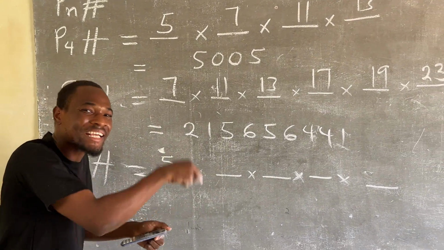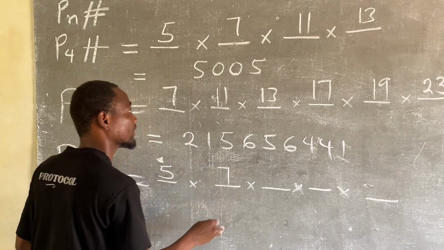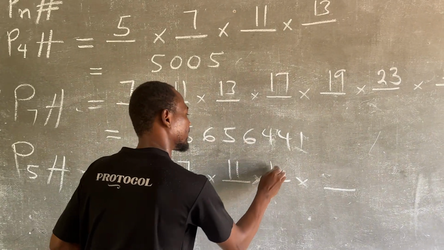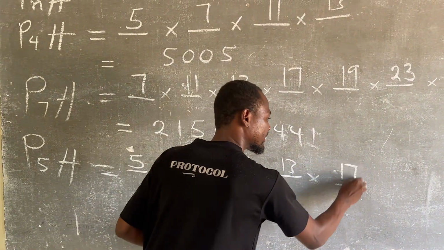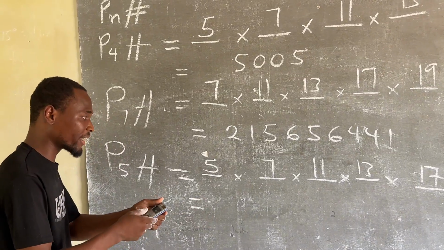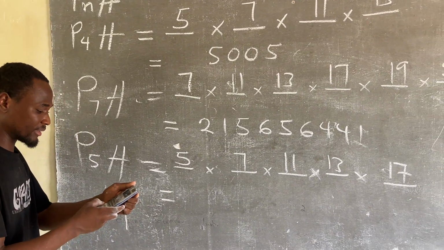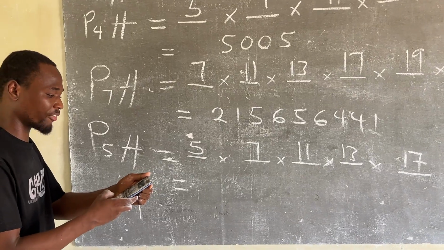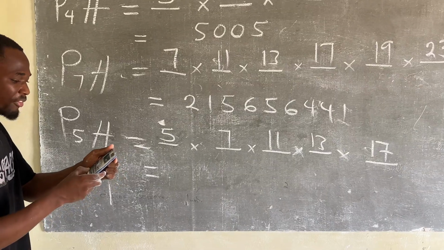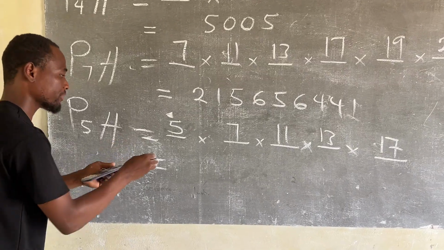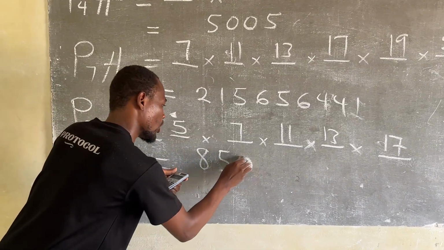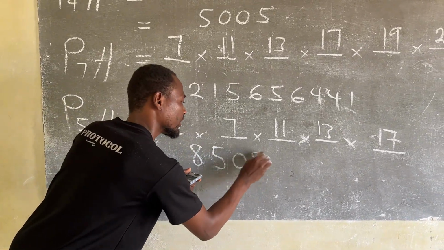So 5, 6, 7, then times 11 times 13 times 17. I want to multiply this. So I have 5 times 7 times 11 times 13 times 17, and I have 85085.